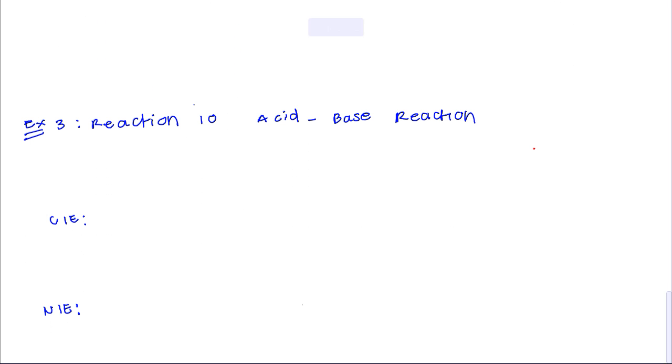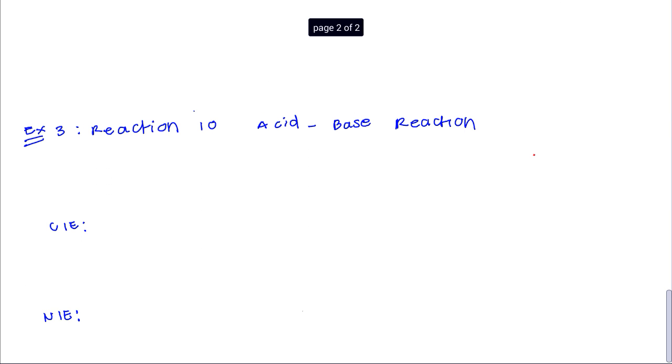Let's look at one more type of reaction, an acid-base reaction. Based on our reactants, we're going to react nitric acid, HNO3, with potassium hydroxide.